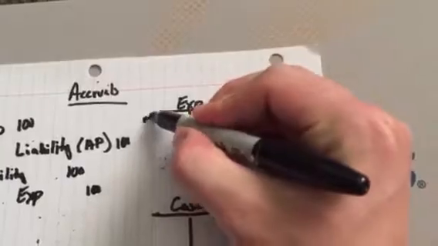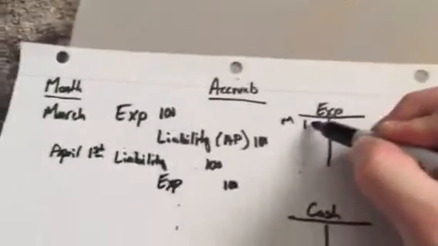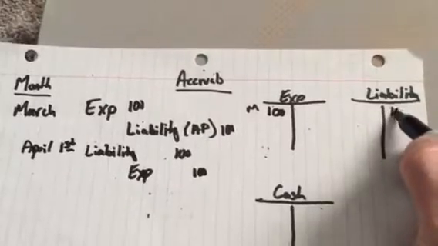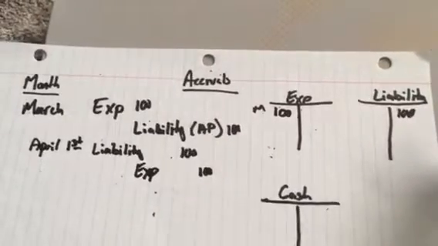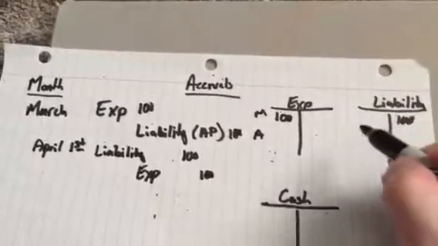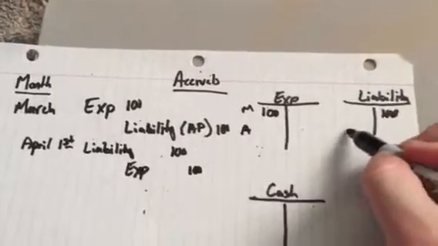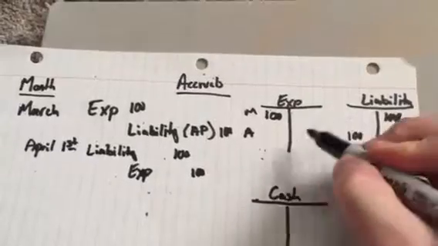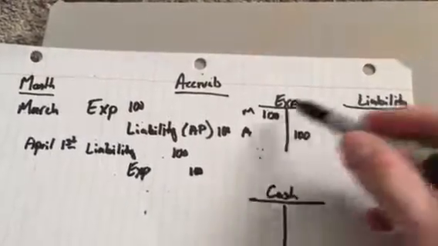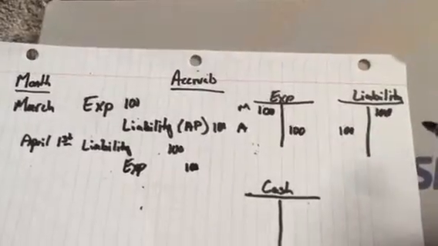So when we go over to our T accounts in March, we have a debit of 100 and a credit to the liability account of 100. Come April 1st, it's going to reverse out with a debit to our liability and a credit to our expense. As you can see, it nets out to 0.